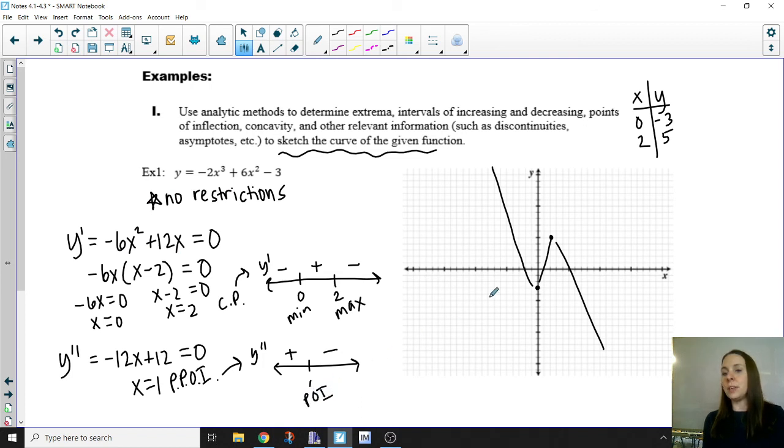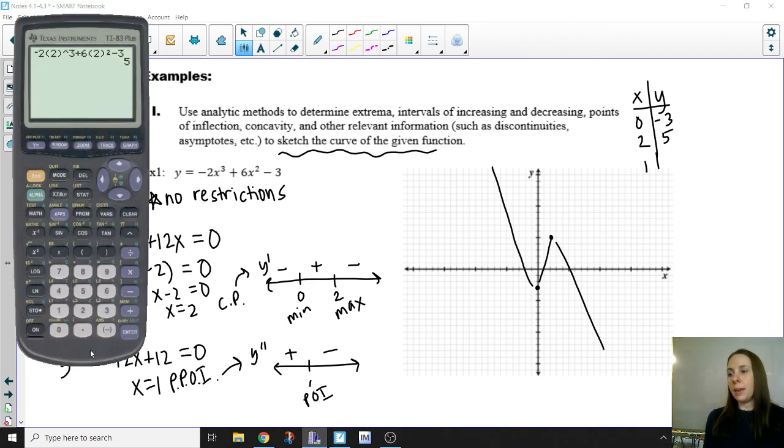And if it's a POI, it should go up here in our little XY table because we want to plot it. Okay. So again, just to save some time, I'm going to go to my calculator and fill 1 into the original function to find its y coordinate so I know exactly where to plot it.